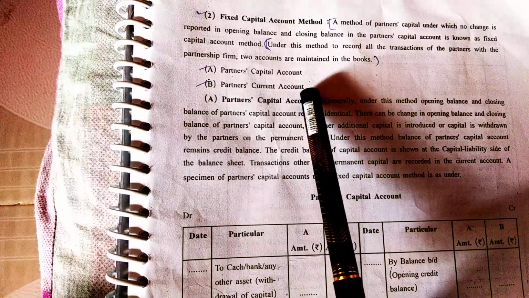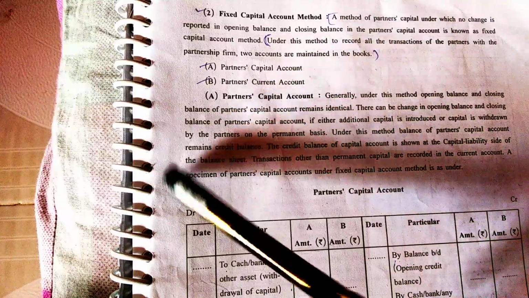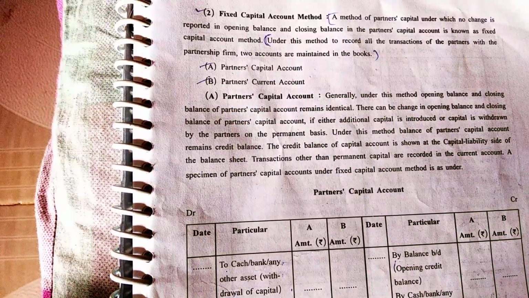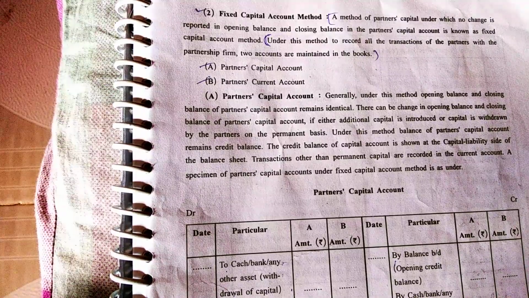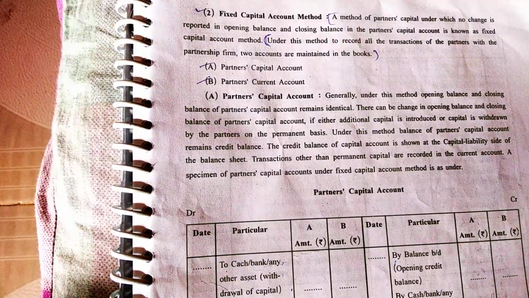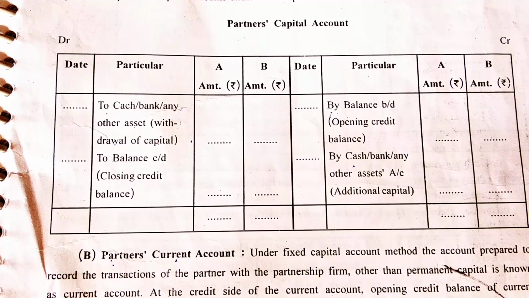Do you understand? In this method, two accounts are prepared, partner capital and partner current. Let us understand the structure of partner capital account and partner current account. Okay, this is the structure of partner capital account.